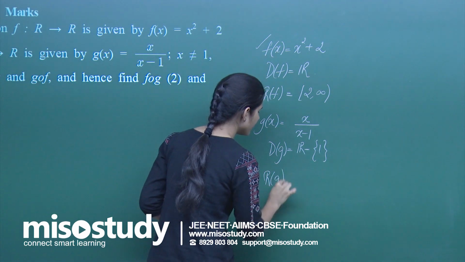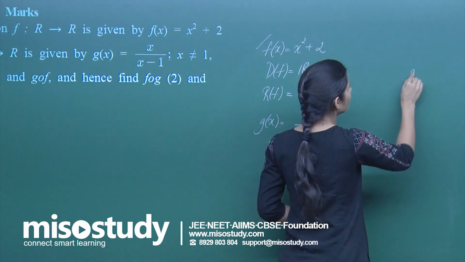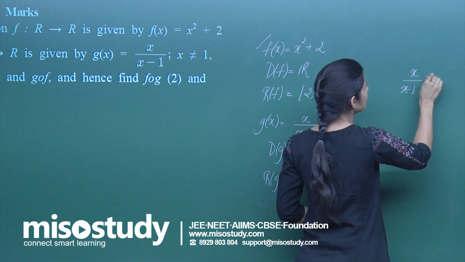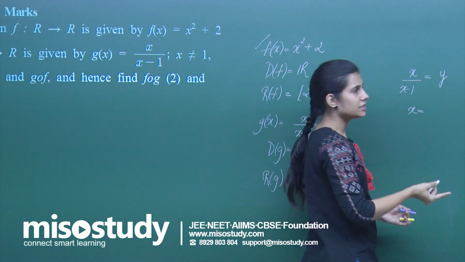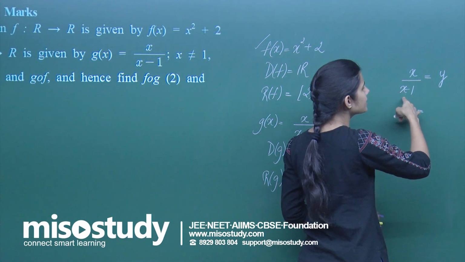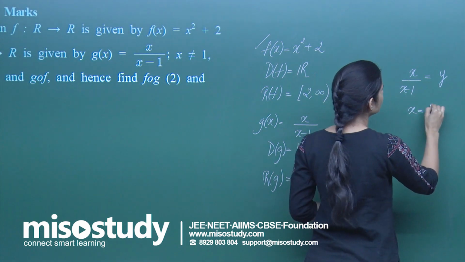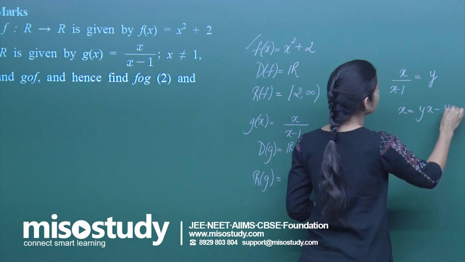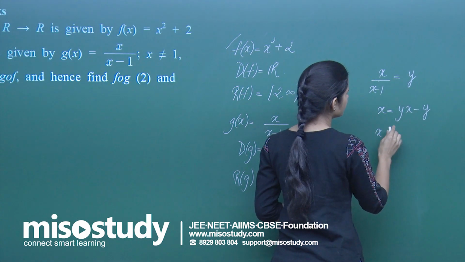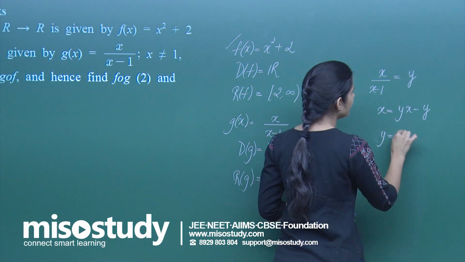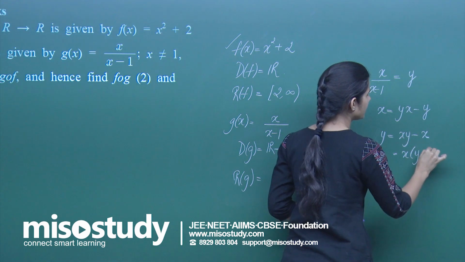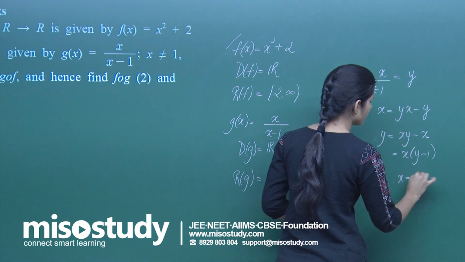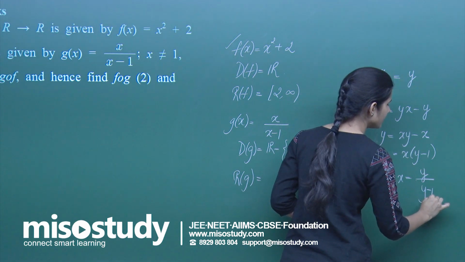And the range of G, what is the drill? We put x upon x minus 1 as the definition of g(x) equals y. Compute the value of x in terms of y. Right now it is y in terms of x. Now compute x in terms of y. You get y equals yx minus y, or let me write y equals xy minus x, which is x(y minus 1), and therefore x equals y upon y minus 1.